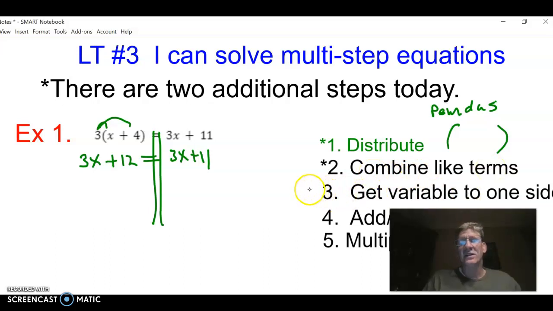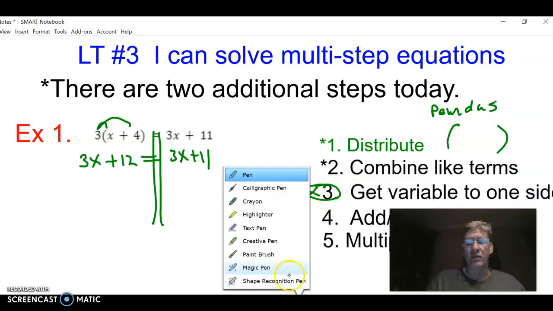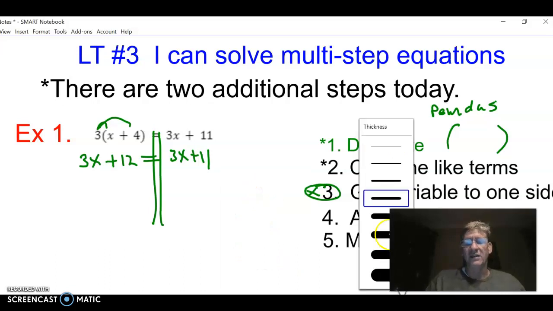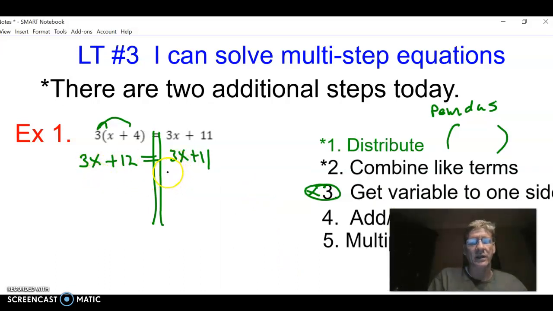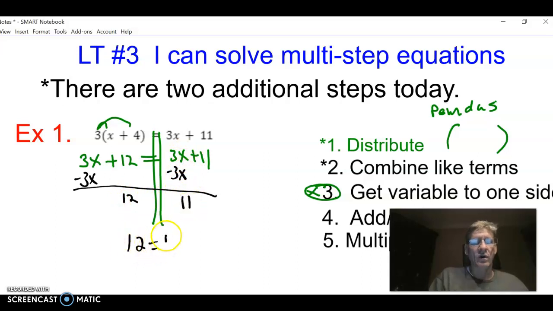But we still want to, as we get to number 3 here, get variables on one side. And the hint that I gave you yesterday was take the smaller one and add it to the bigger one. Now there's a tie there, so I guess it doesn't really matter. So I'm going to go minus 3x, and that gives me a 0. That gives me a 12, and those are gone. That gives me 11, and I get 12 equals 11.